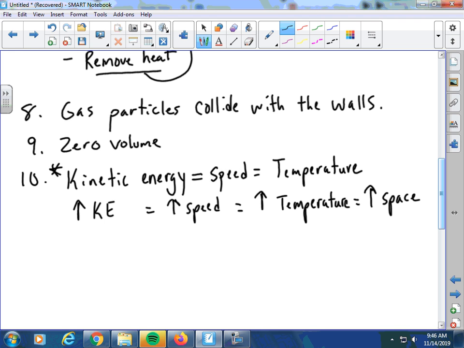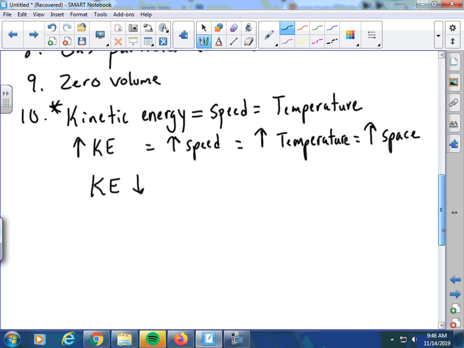So to answer number 10, if the temperature of the gas decreases, the amount of kinetic energy also decreases. Particles will move slower. All right, number 11, what property of gas particles is measured by temperature? Really what we're measuring there is the speed or kinetic energy.